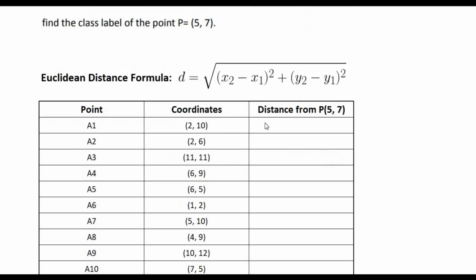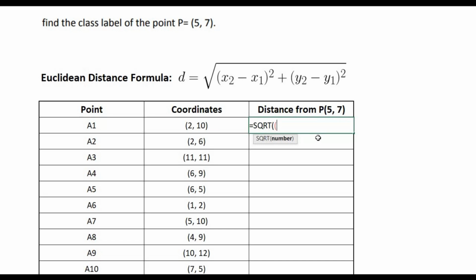So let's start calculating the Euclidean distance of each point. I am using Microsoft Excel, so I will use a formula, but you have to show working by putting values in the Euclidean distance formula. So first we have data point 2, 10, so I will put square root, in which we have x2 minus x1.